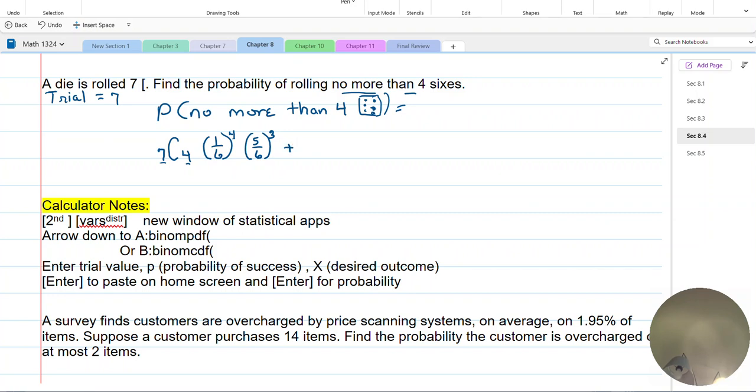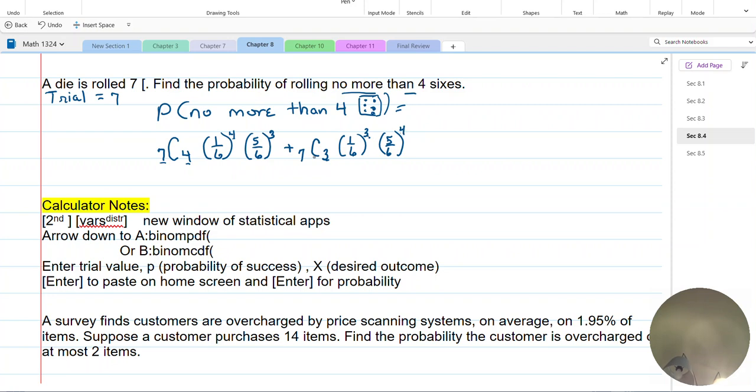Now I need to make the probability structure for 3 because it could be 3. 7 choose 3. Again, I'm going to have the 1/6 of a desired outcome. I'm going to reduce it to 3, 3, 3. And then I have failure, 5 out of 6 at 4.